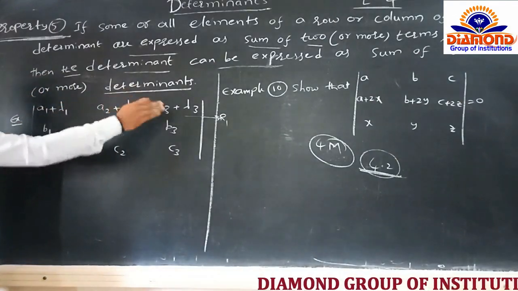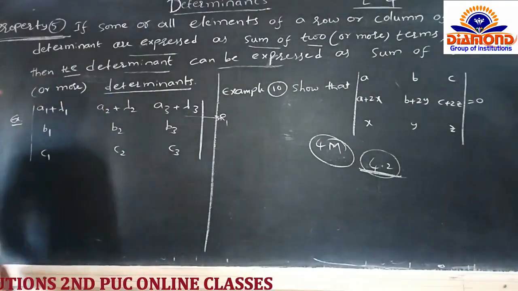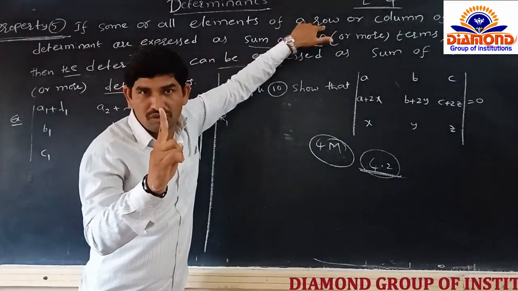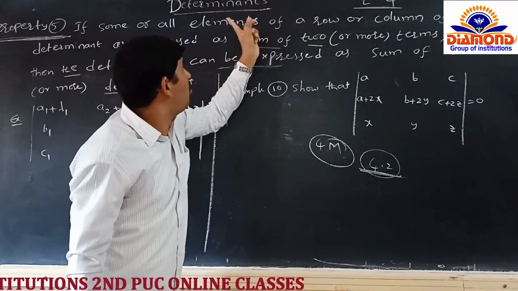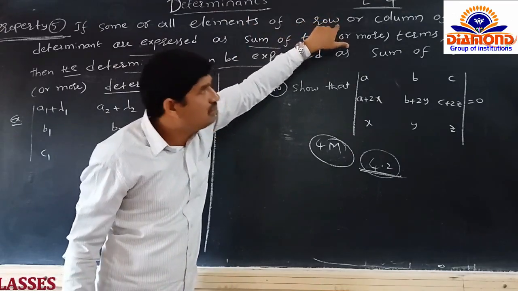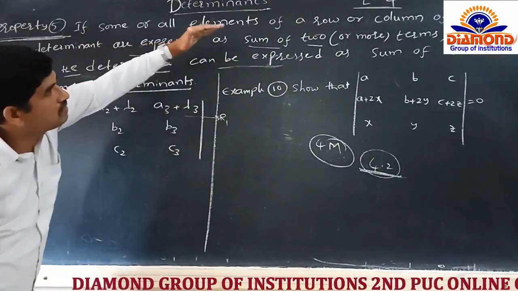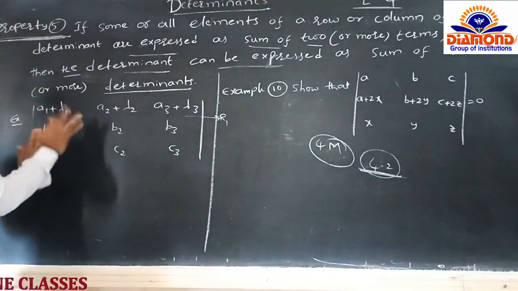In this there are 4 elements. Some or all elements of R1 of the determinant are expressed as sum of 2 terms.